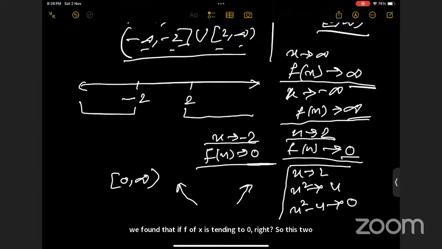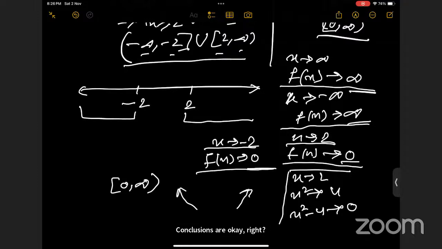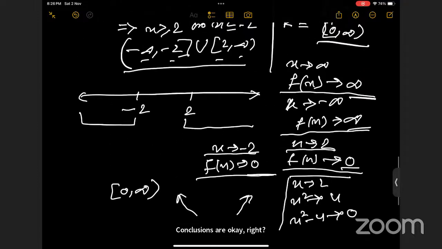You are saying this graphically or by equating x square minus 4? In both ways you can say. When x is tending to 2 from this direction, our graph is tending to 0, something like that.